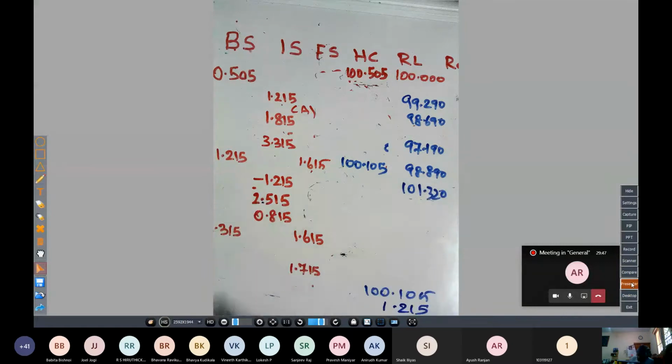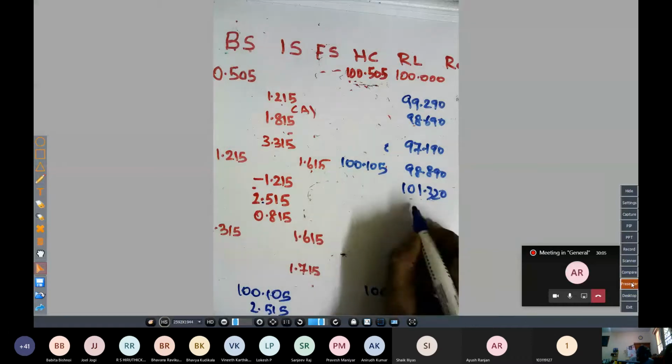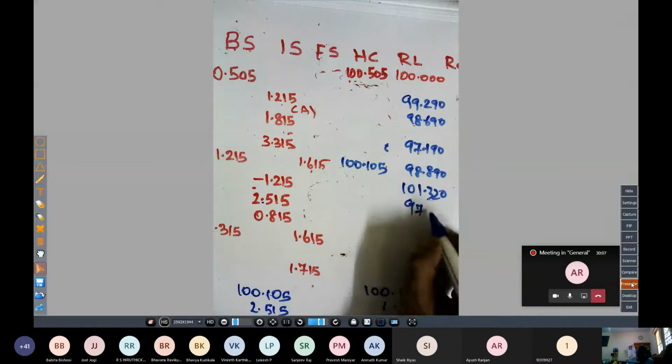What is the RL corresponding to this 100.105 minus 2.515? That is 97.590.